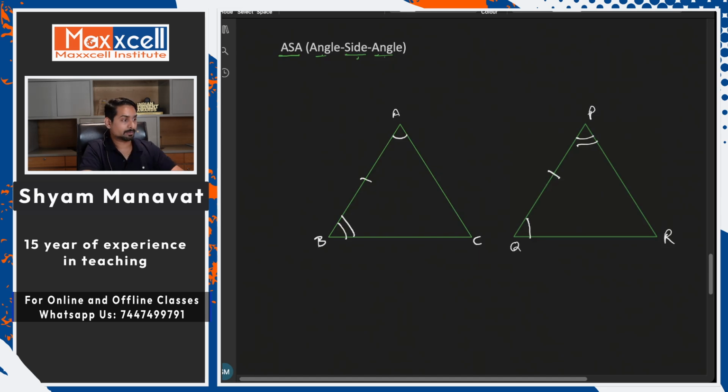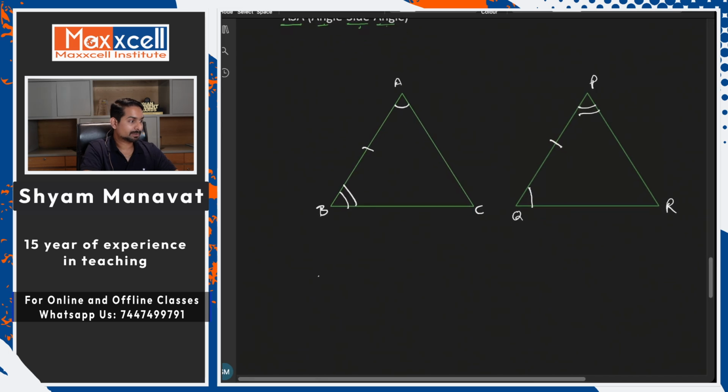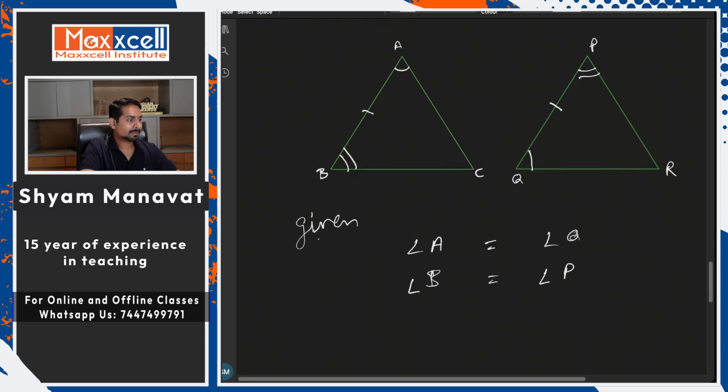If you can prove it, or if it is given somehow, that angle A is equal to angle Q, in any two angles, not necessarily in alphabetical order, and angle B is equal to angle P, and then side AB is equal to side PQ.